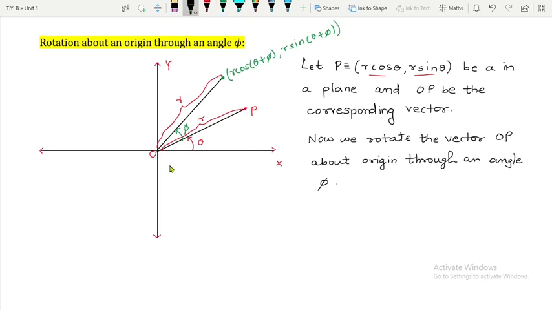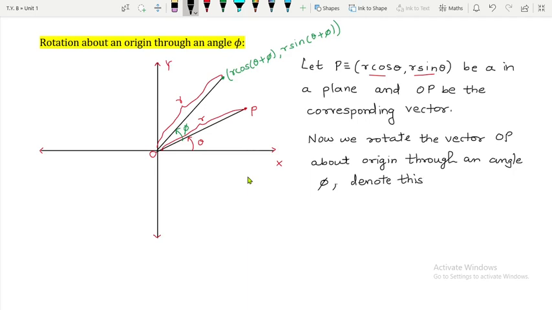So actually we are rotating this line segment OP, or you can say vector OP, through an angle phi. So I will denote this function, so rotation is basically nothing but a function.